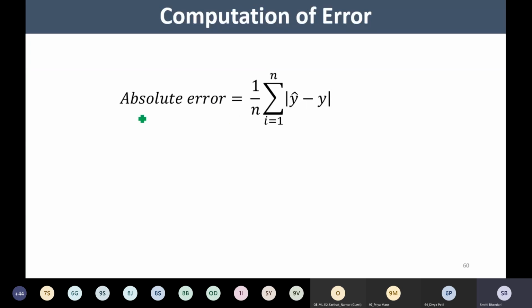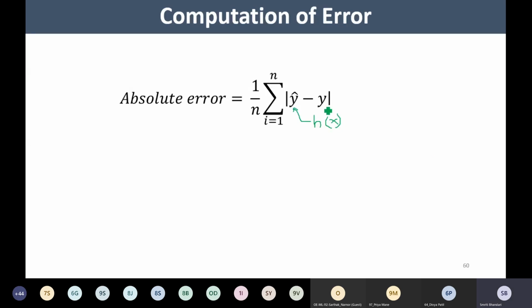We take the absolute difference between the predicted value y hat and the actual output y. What is y hat? Y hat is nothing but the output provided by the hypothesis h of x.